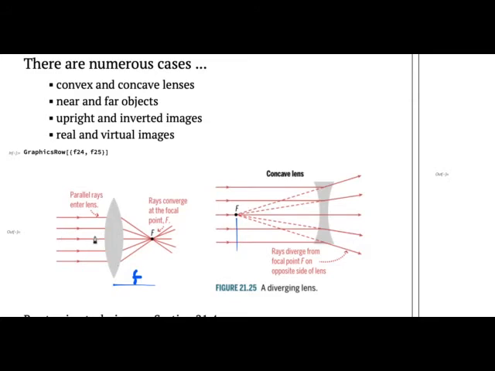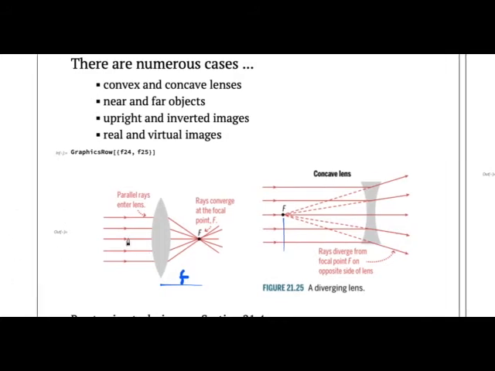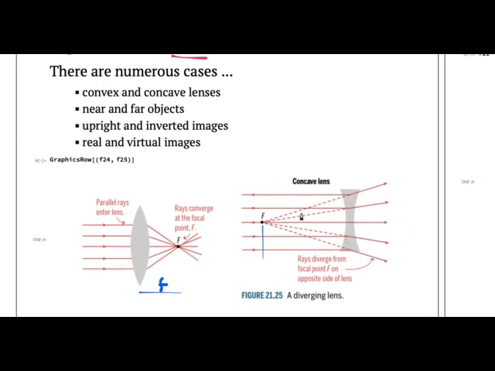You could have an object here, closer to the lens than the focal length. Or you could have an object way out here, farther away from the lens. And similarly for a concave lens. So here we've got two possibilities, and for each of those two possibilities we have two possibilities. So that's altogether four possibilities.